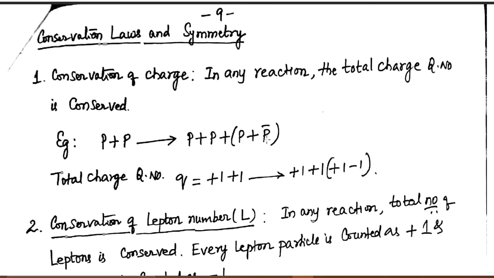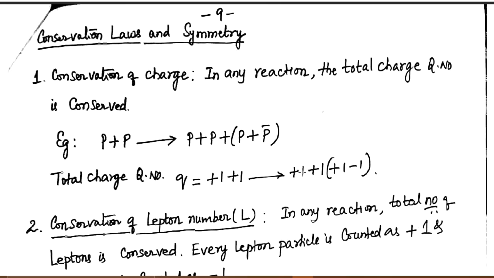So it has the same charge. If this is plus, this will be minus. We call this an antiproton, and this is how the reaction takes place. So here the total charge is conserved. The total charge quantum number, we write as +1 for proton, +1, 1 plus 1.